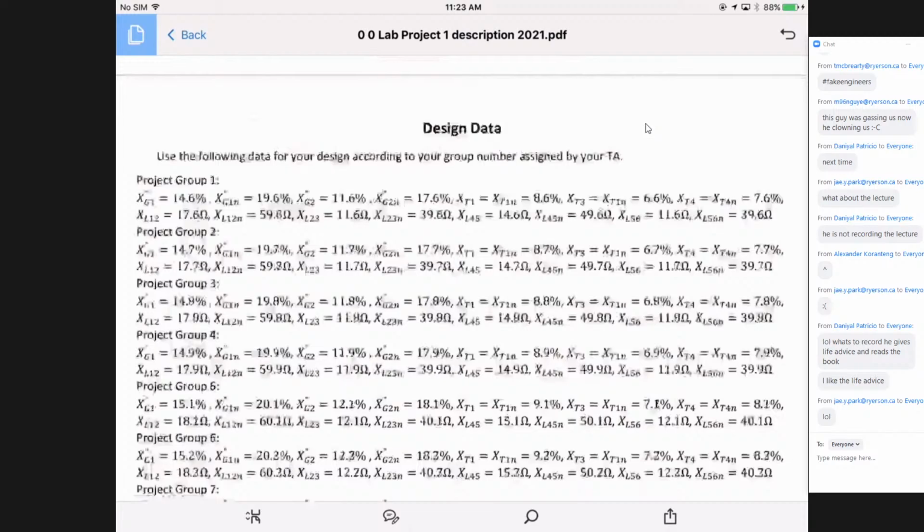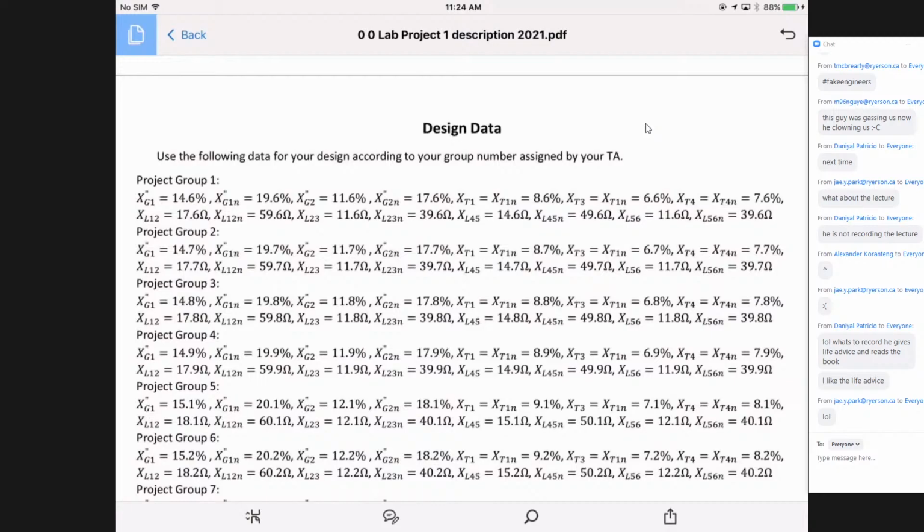But anyway, the project is already posted. Each design has its own set of values. I use one set of values, and only change a little bit.